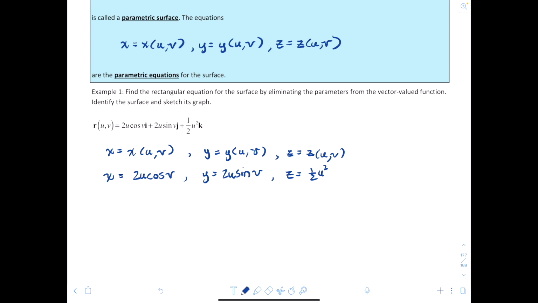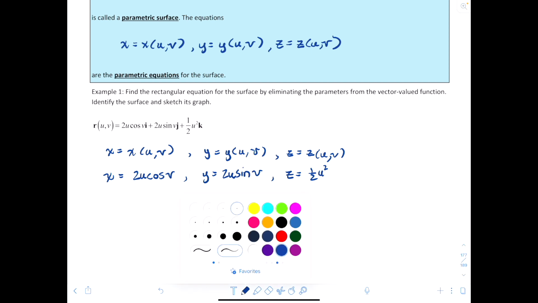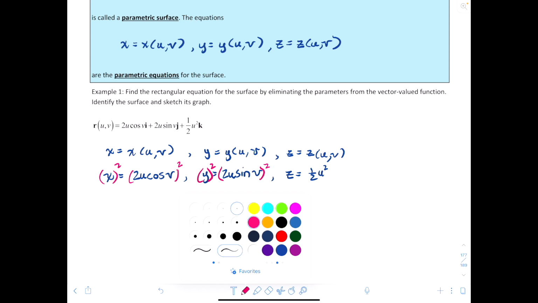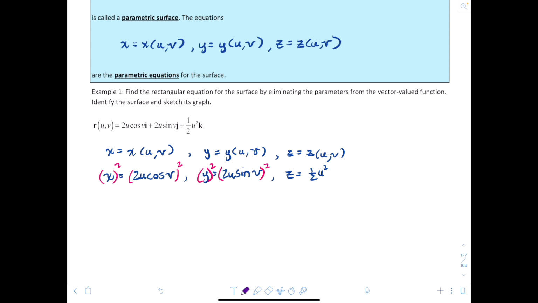So if I squared both sides of those first two equations, then I would end up getting x squared is equal to 4u squared times cosine squared at v, right? And then y squared is equal to 4u squared times sine squared at v.